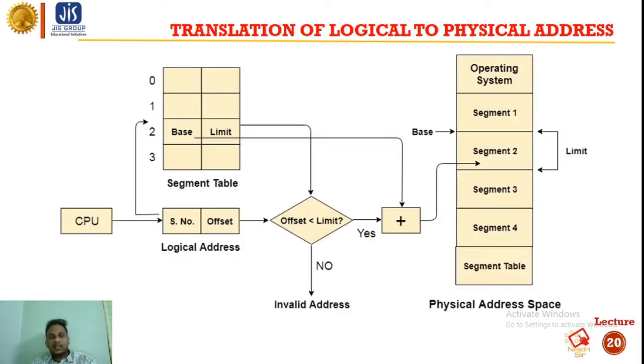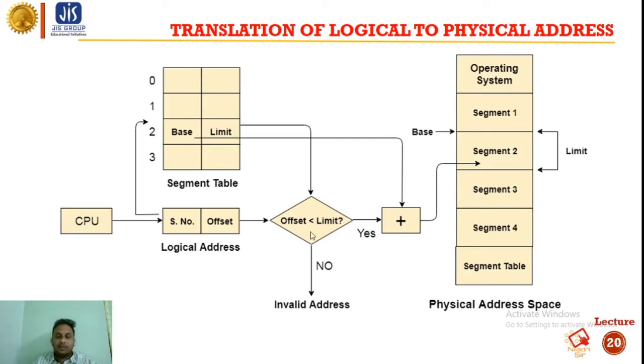So you can see how the logical address has been translated into the physical address. These are the base and this is the limit, and these are segments 0, 1, 2, 3 in the segment table. The CPU generates the logical address. If the offset is not less than the limit, it is an invalid address.